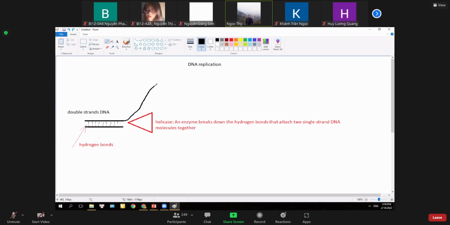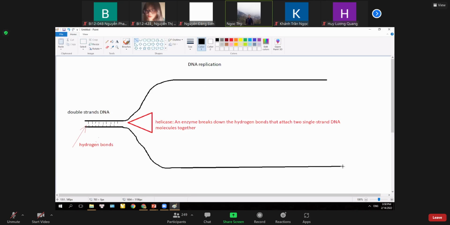After it's cut down, we have two separate DNA strands here. The next part is the stabilizing protein, the binding protein, here.